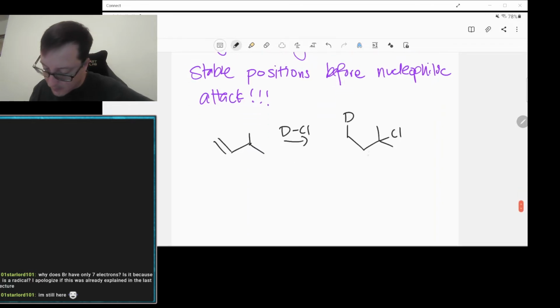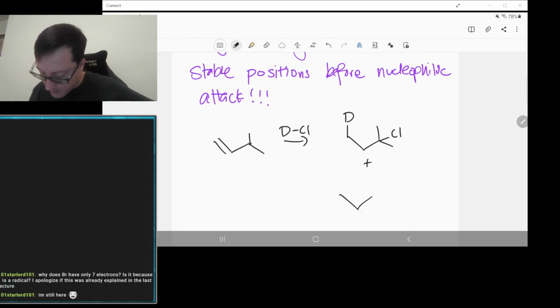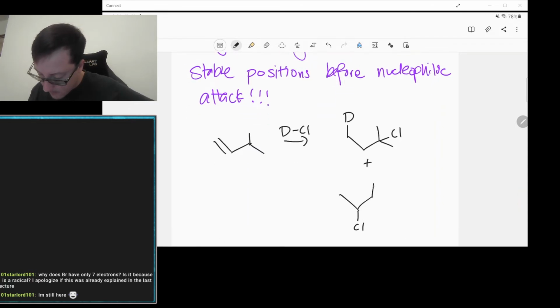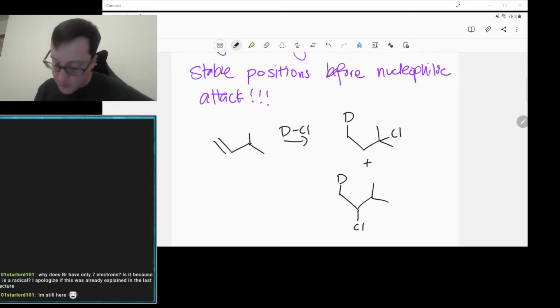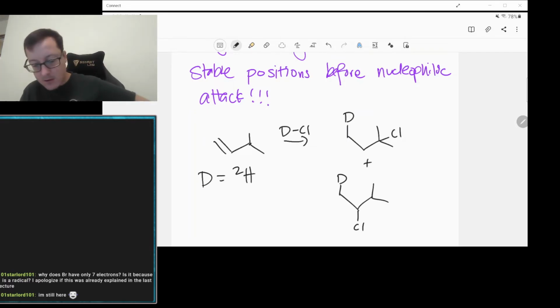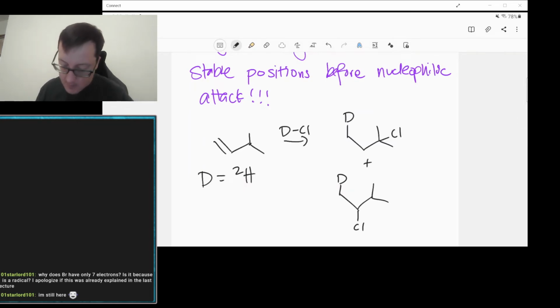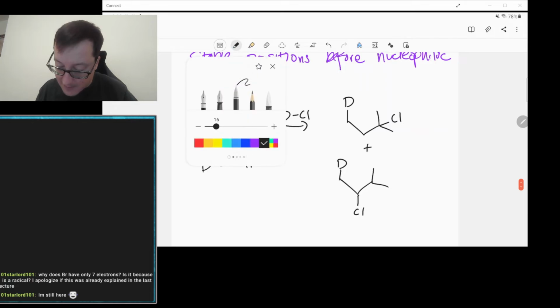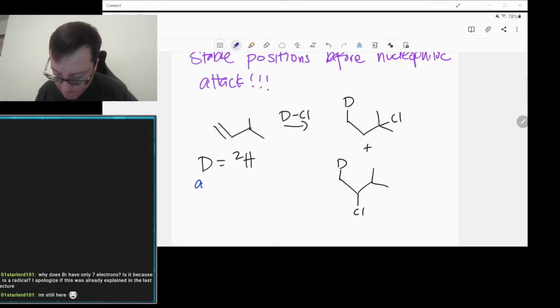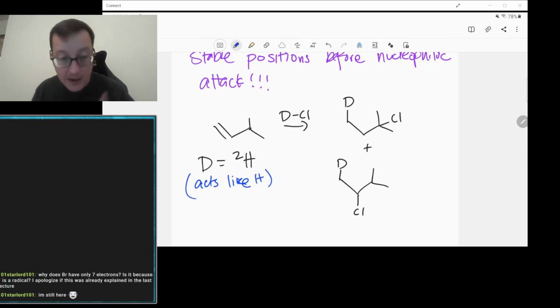And yes, we will technically end up with some of it here. Remember, deuterium is just an isotope of hydrogen, hydrogen with a neutron. So remember, the deuterium acts like hydrogen as it is, but we can identify it.